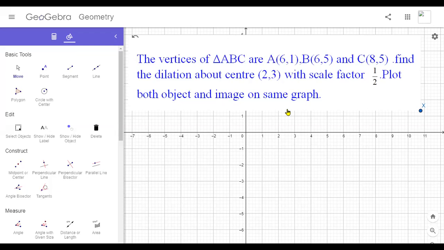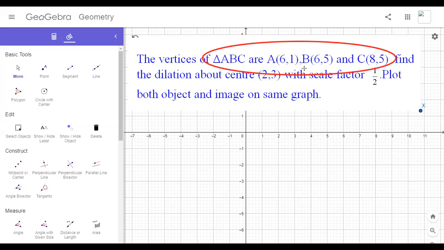Okay. First of all, let me read the question. Here the question is: the vertices of the triangle ABC are given. The object, the pre-image, is triangle ABC, whose vertices are given in coordinate format.